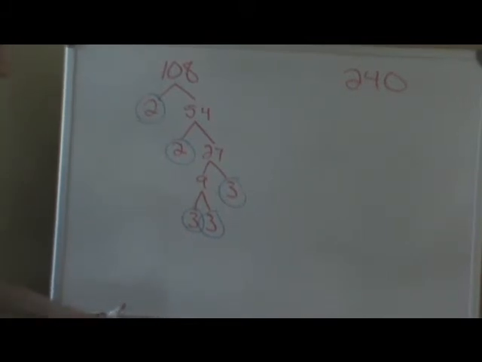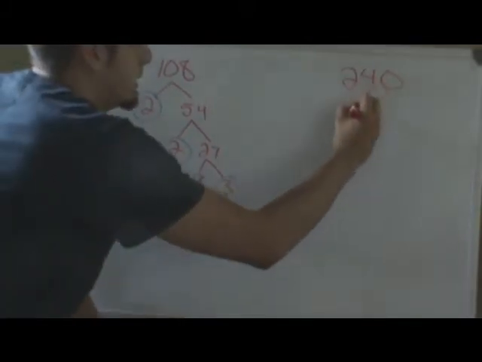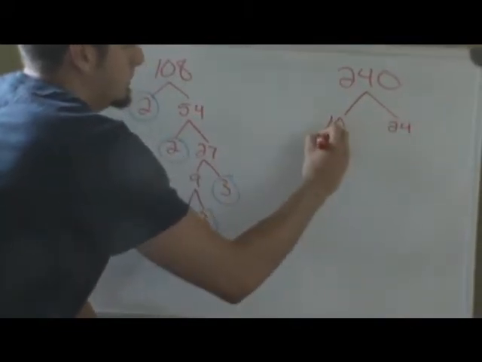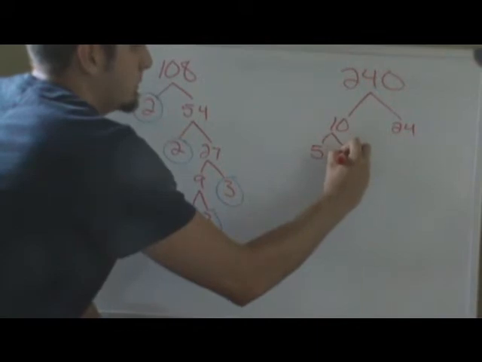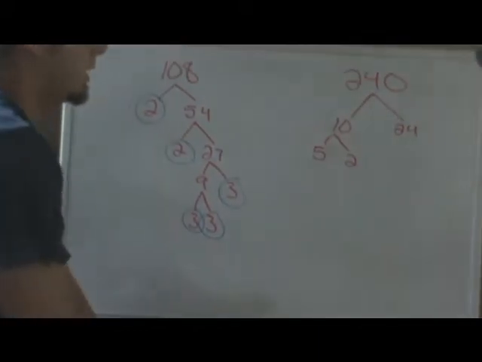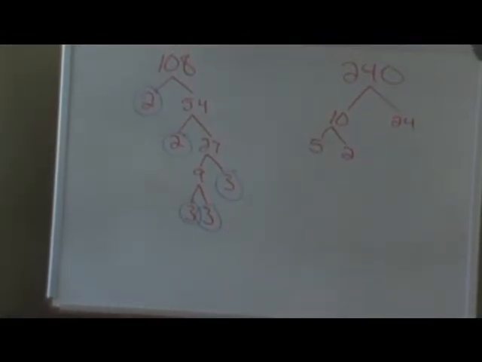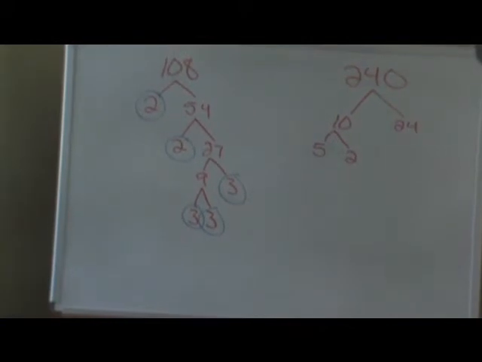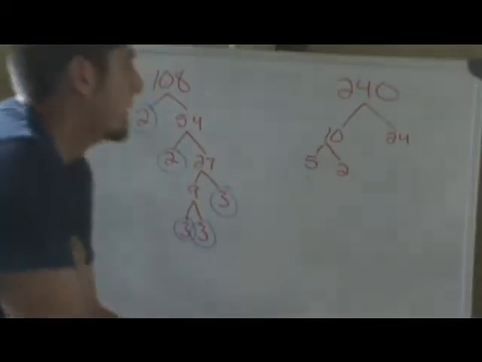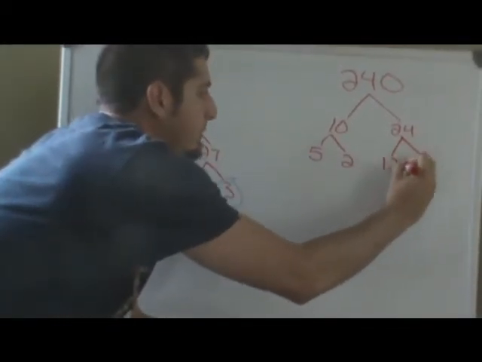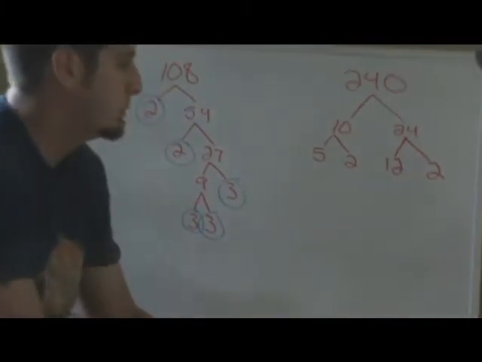With 240, we break that down into 10 times 24, 5 times 2. These are both prime numbers already. I'm going to break down the 24 into 12 times 2.